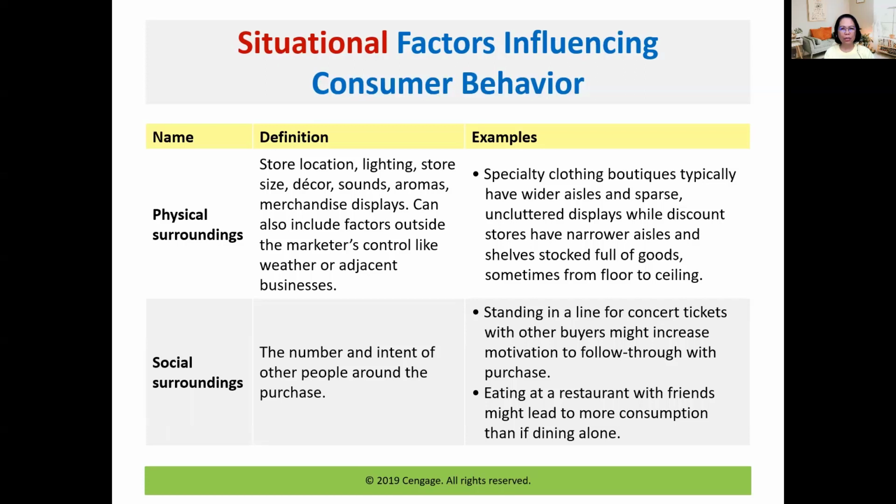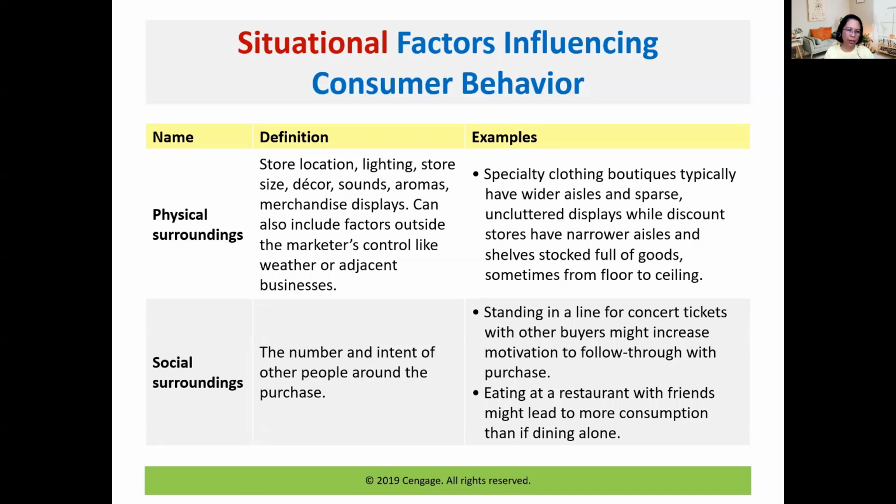Examples are specialty clothing boutiques typically have wider aisles and sparse, uncluttered displays, while discount stores have narrower aisles and shelves stacked full of goods, sometimes from floor to ceiling. Have you noticed that? The next situational factor is the social surroundings.